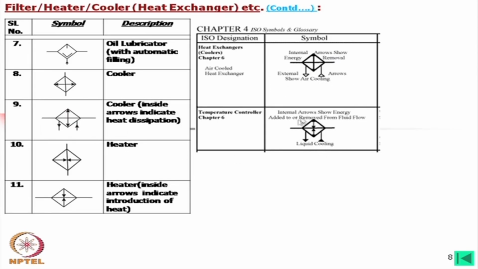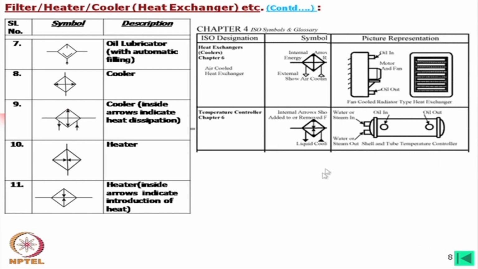In this case, as we find this, we can again compare with this one, but we get some additional two lines here, and then this must be either a cooler or a heater, and then we can see these are the two components. This is the main system oil in and out, and this is the cooling agent in or out.